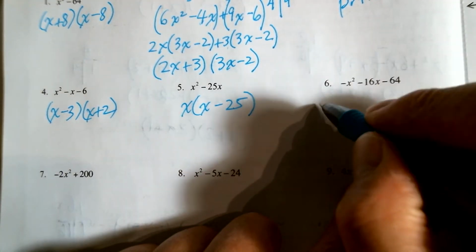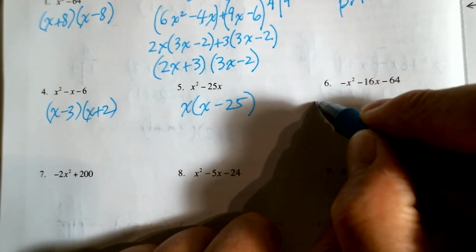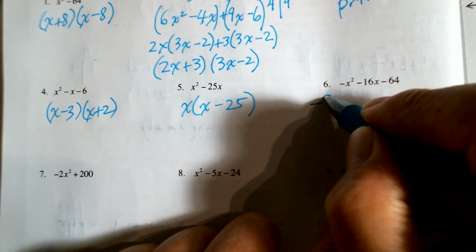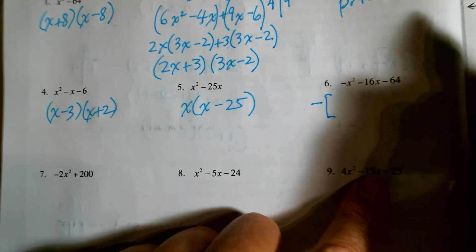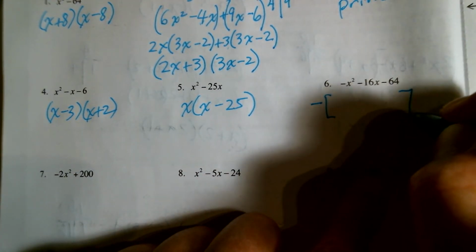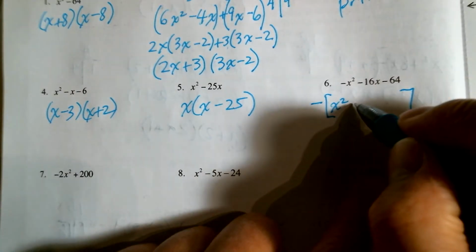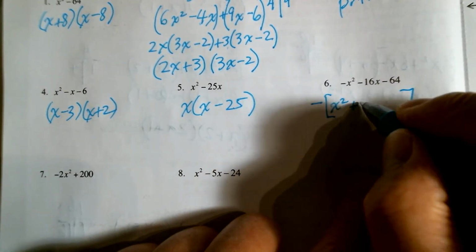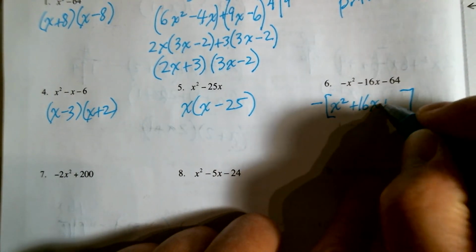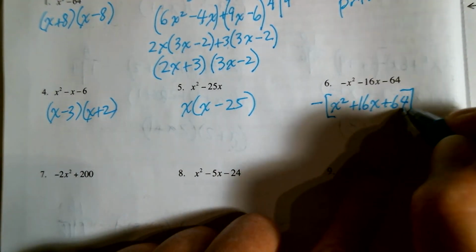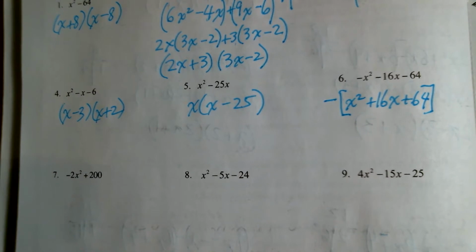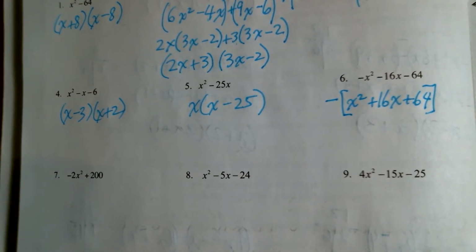So let's do that. Then we'll get x squared plus 16x plus 64. Now we can easily factor that in the brackets.